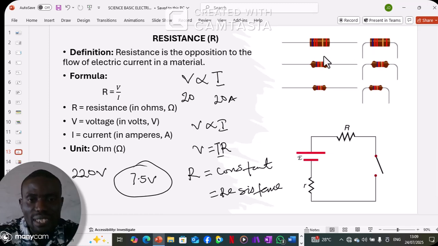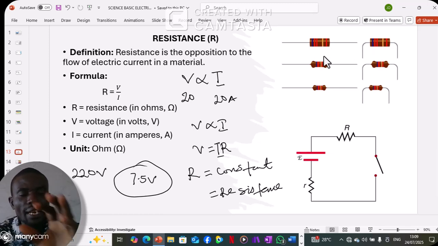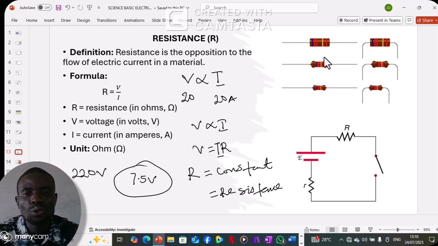It will resist the flow and only allow some quantity to pass. So that is resistance, and the unit of resistance is ohms.